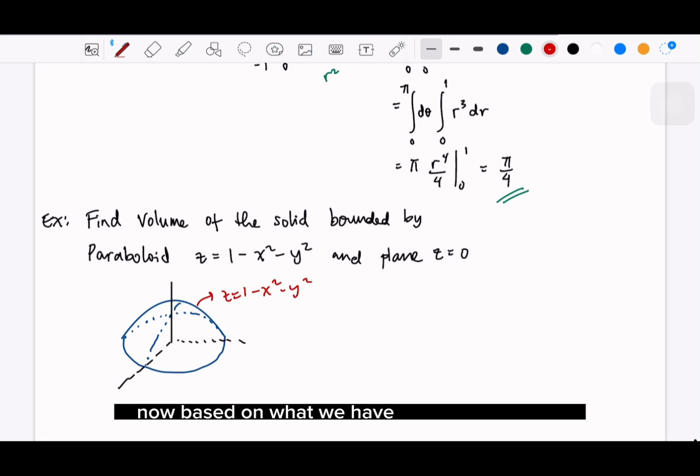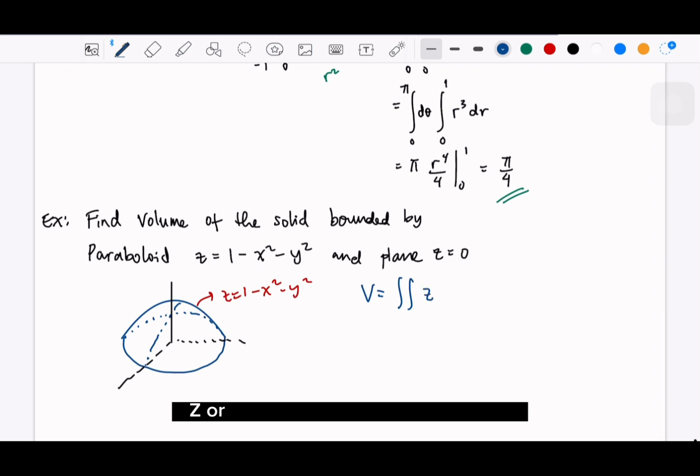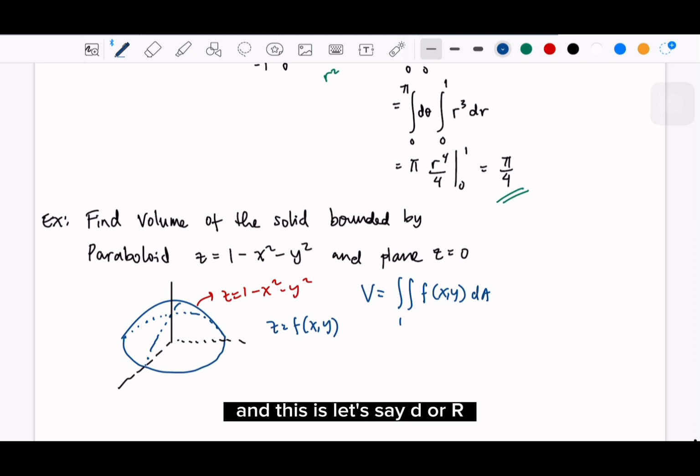Now based on what we have, to find the volume, if you remember, we could define the volume through z. If you define z as a function of x, y, we could write it with dA. But if you see any curve that resembles a polar equation, here the region is just a circle.